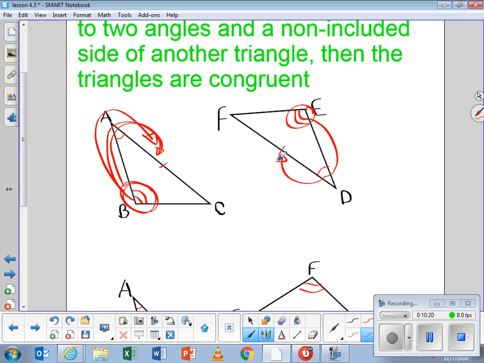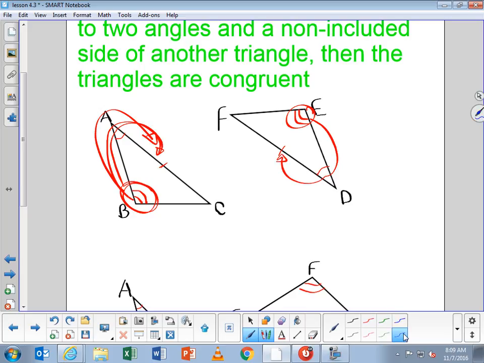Now they're going to ask you to write a congruent statement. Phoenix, you with me? They're going to ask you to write a congruent statement. So, let's write a congruent statement. Triangle. Someone give me the first triangle. ABC. Triangle ABC.